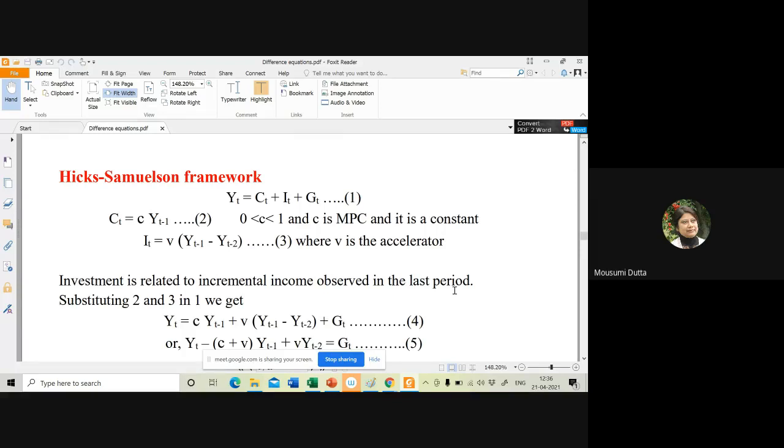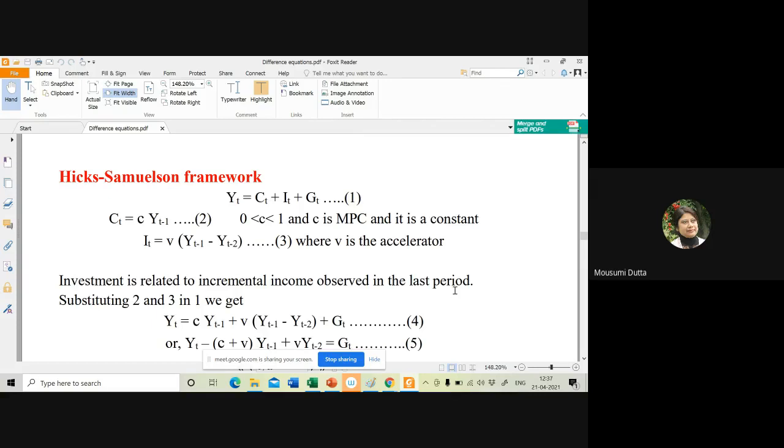In this framework, Hicks considers MPC to remain constant, whatever the income groups or the structure of the country; it is not varying from country to country or economy to economy.